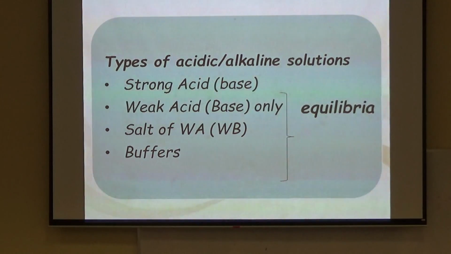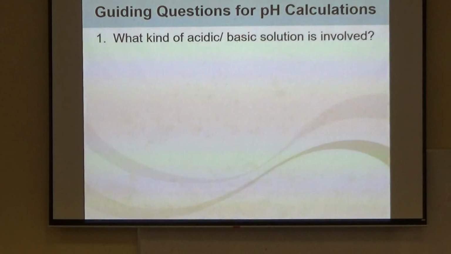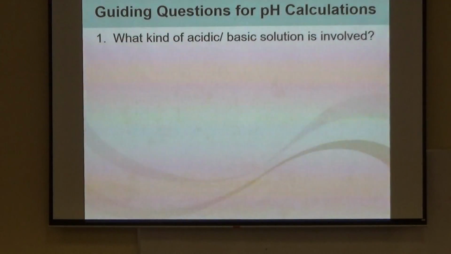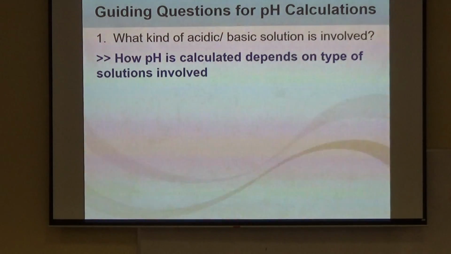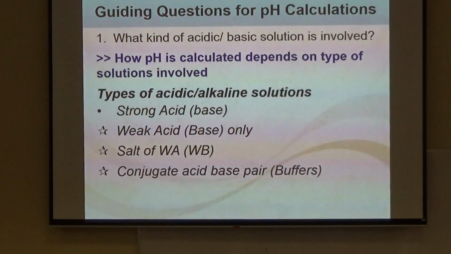So you need to know which equations are appropriate to use and how to calculate. First of all, you must be able to look at something and say, okay, this is a weak acid, or this is a salt of a weak acid, or this is a weak base plus its salt, because the calculation depends on the solution that's involved.